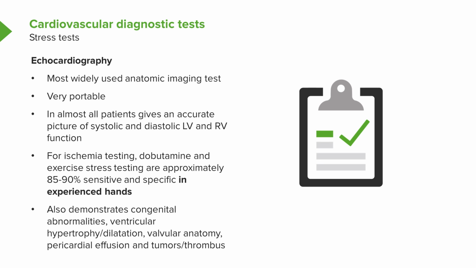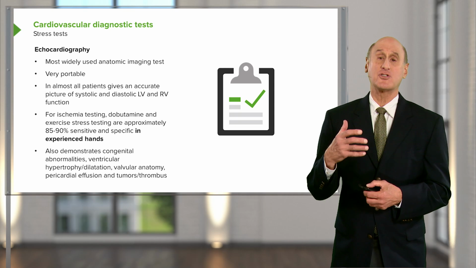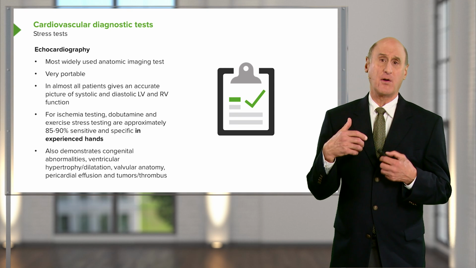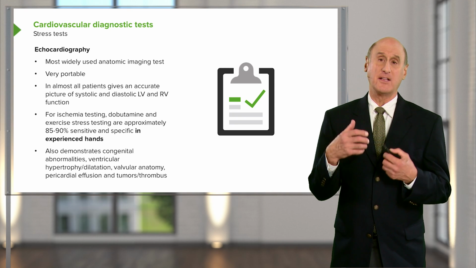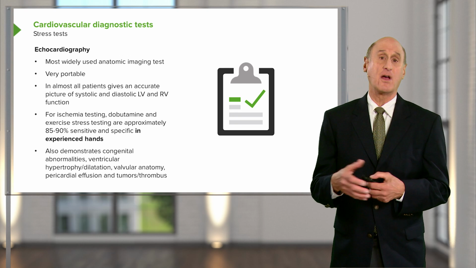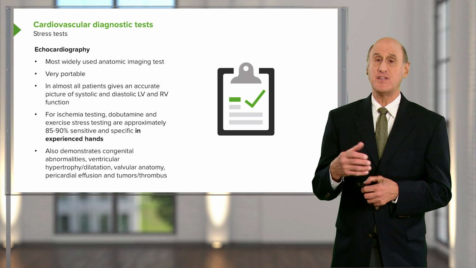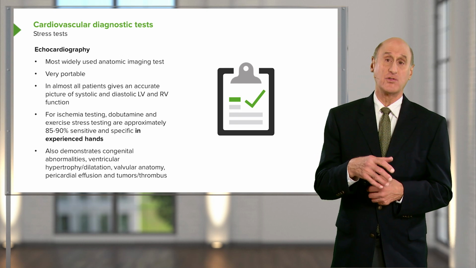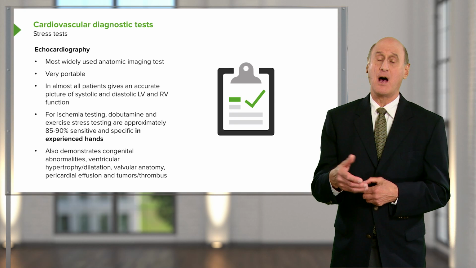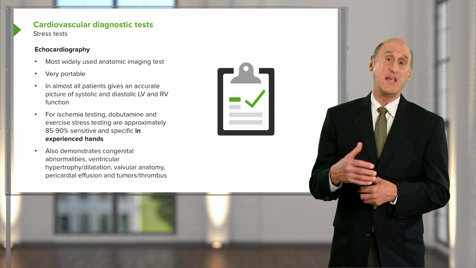So if you start off with a normal echo showing the heart functioning fine, the patient exercises, and following exercise, there's an area of the wall that doesn't move normally, that strongly suggests that there is lack of blood flow there and that the patient has atherosclerotic heart disease. So this is an imaging test that goes with exercise that's one step beyond the plain EKG test.